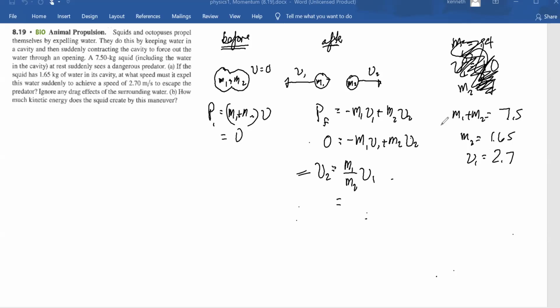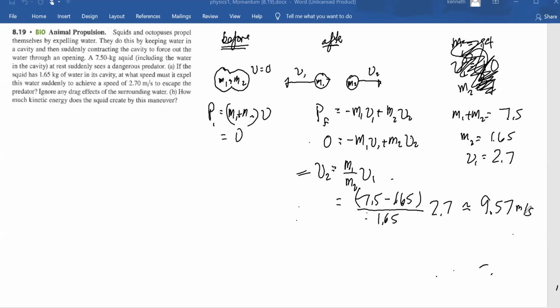M1 we solve from the total mass minus M2, divided by M2, times V1, 2.7. And putting that all in a calculator, I've got 9.57 meters per second.